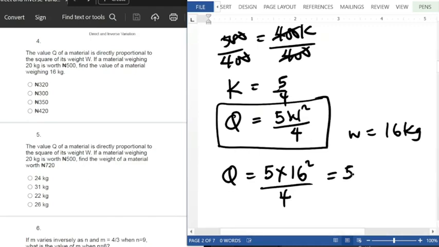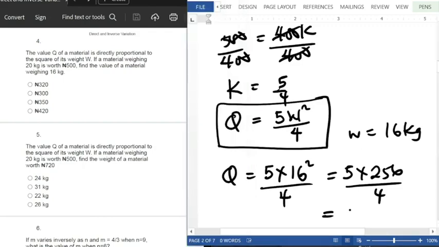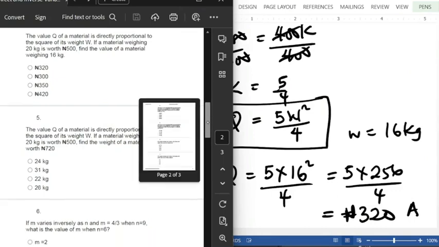That is 5 multiplied by 256 divided by 4. So we can do everything times 5 divided by 4, and that gives us 320 naira. That is option A.